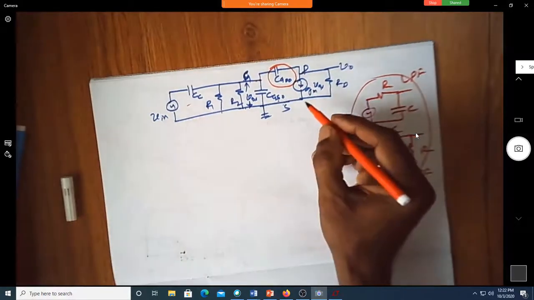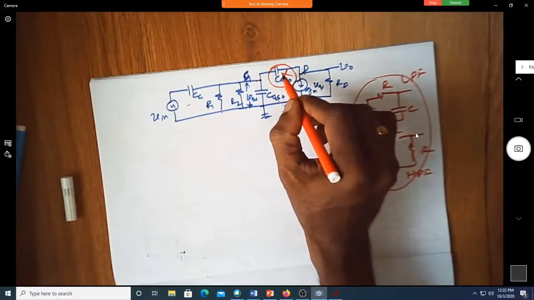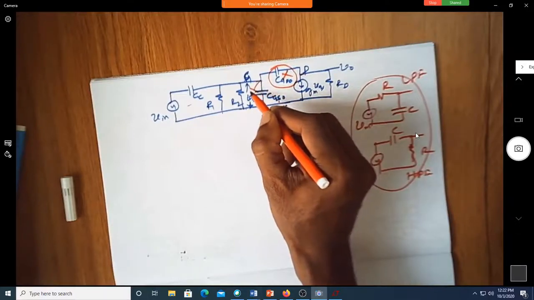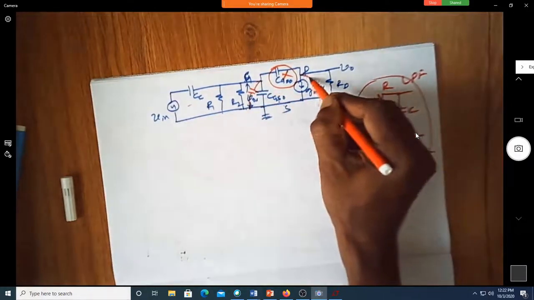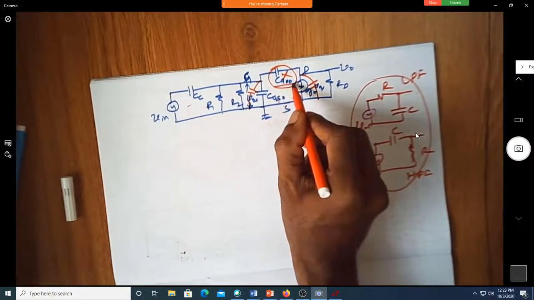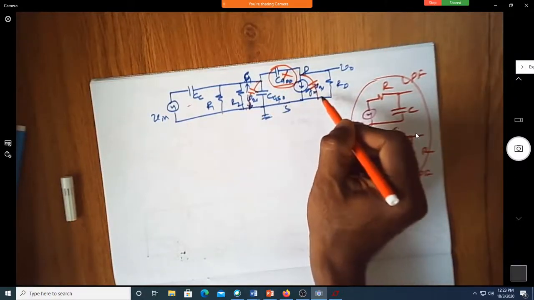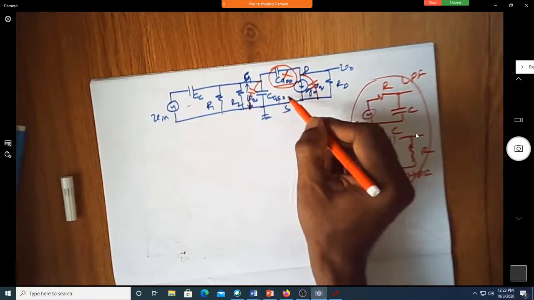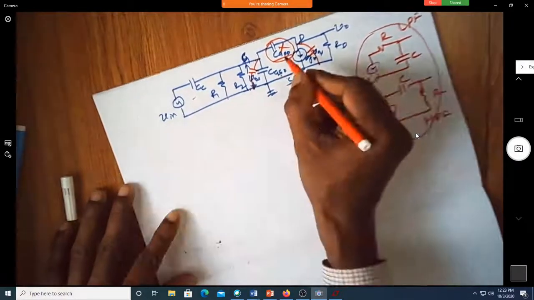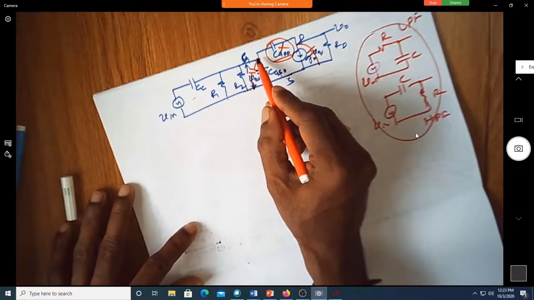So what Miller suggested is you split this component which is floating between input and output, and represent it by two capacitors, one on this side, one on the other side, each having one of its terminals grounded. So we will rewrite this entire circuit by eliminating this CGDO, which is connecting input and output.